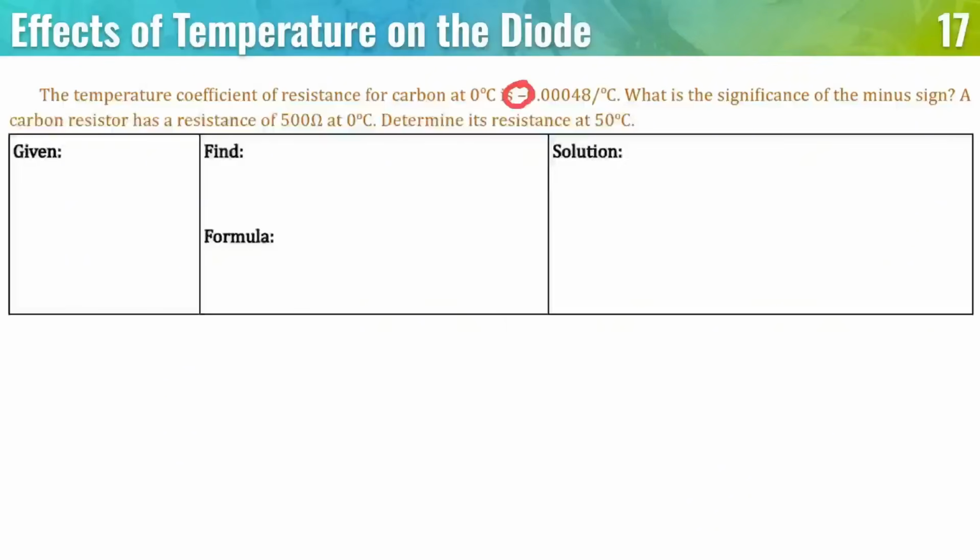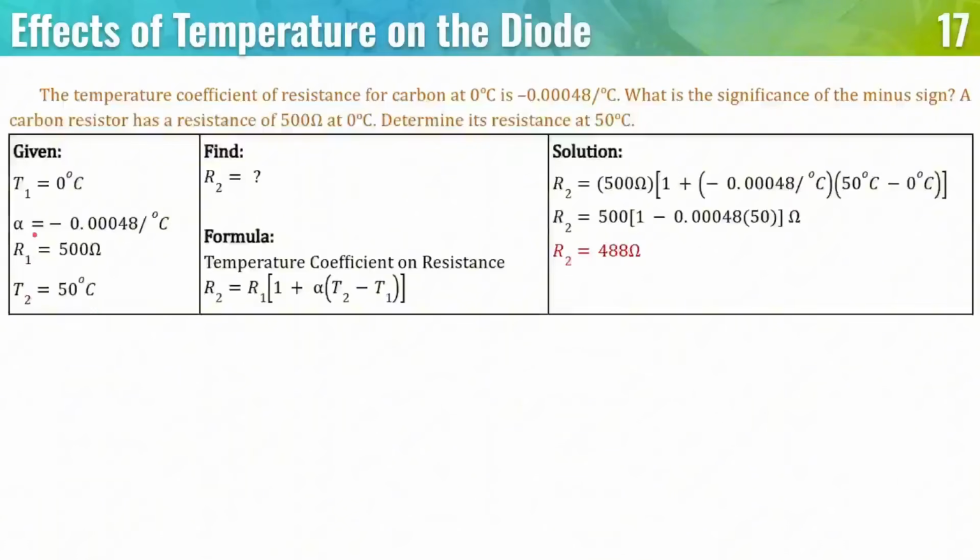Determine its resistance at 50 degrees Celsius. Same as earlier, we identify the given. We start at 0 degrees Celsius going to 50 degrees Celsius, and then we multiply it by the coefficient, and then we multiply that by the initial resistance. And we get 488 ohms.